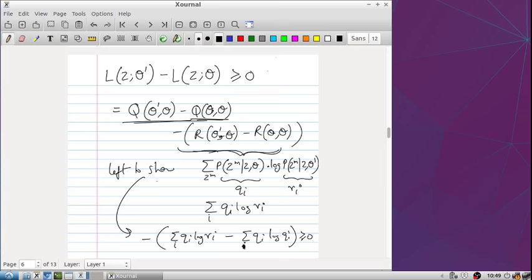This was the definition of R of theta prime comma theta. The one involving theta, I'm going to call Q. The one involving theta prime, I'm going to call R. And the R function is just this. Essentially, the theta prime guy is here, the theta guy is here. And this R of theta comma theta, there's no confusion, is Q comma Q, that is the sum of Qi log Qi.